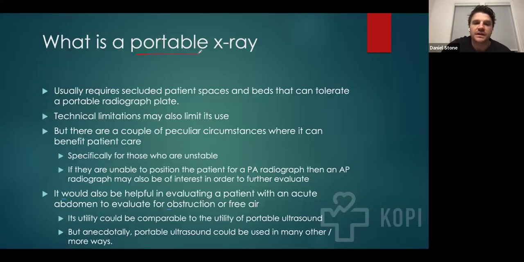So a portable chest X-ray is a very helpful thing. Sorry about that.